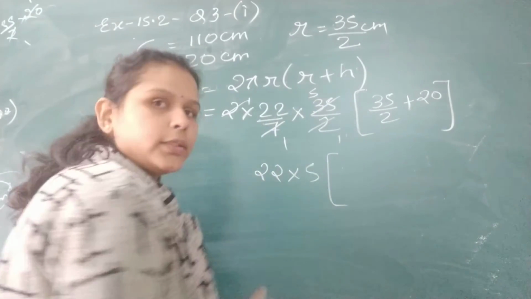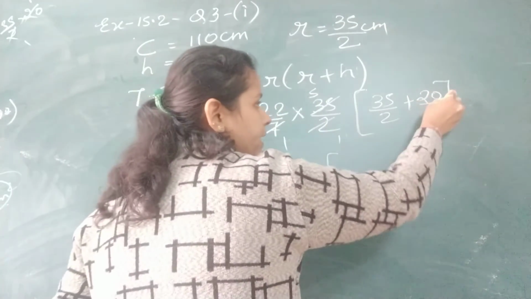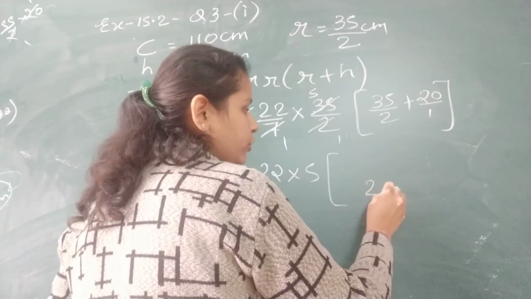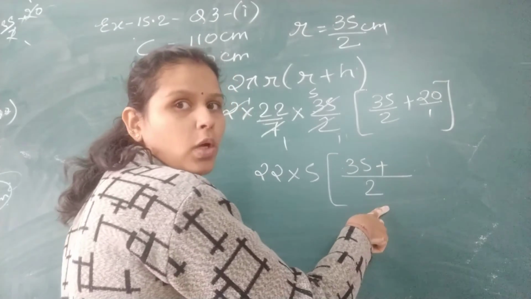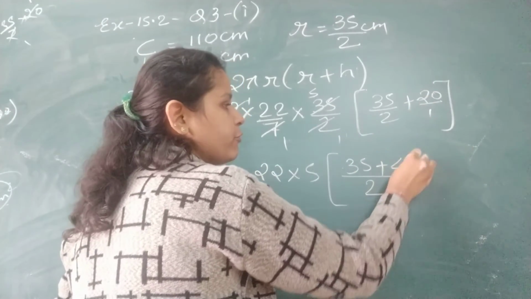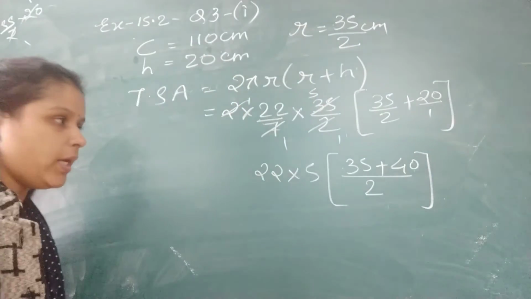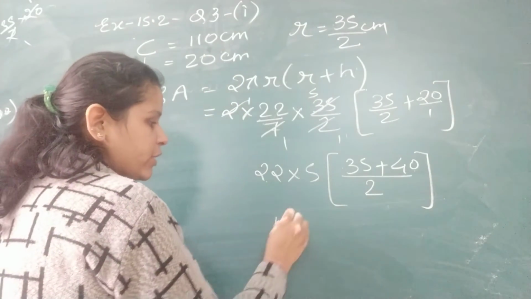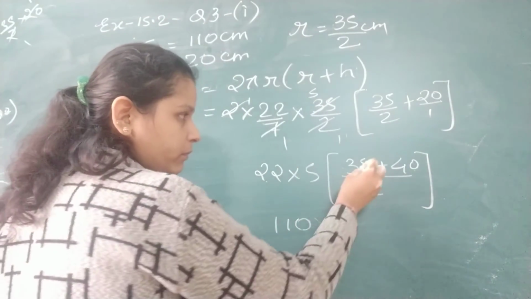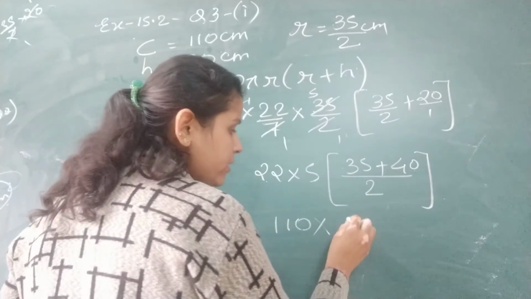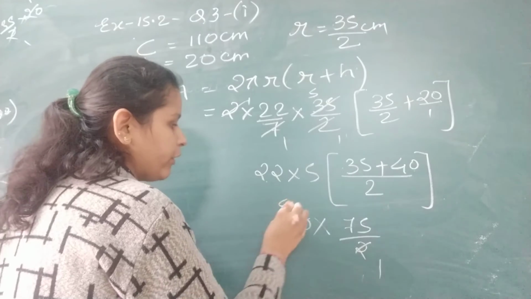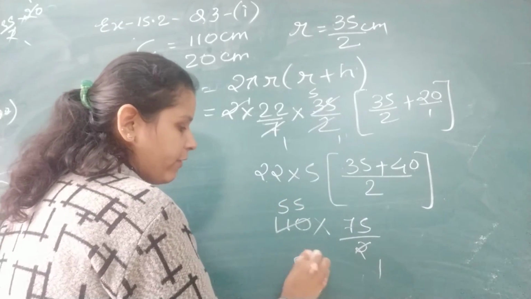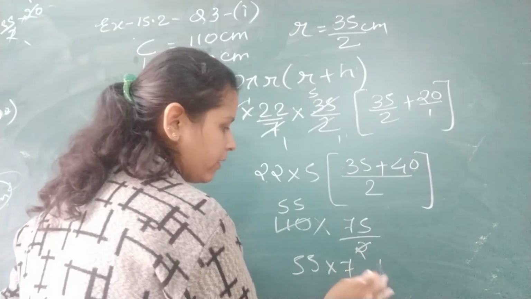And here you can find the LCM. LCM of 2 and 1 is 2. It becomes 35 plus, in one's table 2 comes 2 times, so 2 into 20 becomes 40. Okay, so this becomes 22 into 5 is 110, into 35 plus 40 is 75 upon 2. 2 ones are 2, 55 into 75.